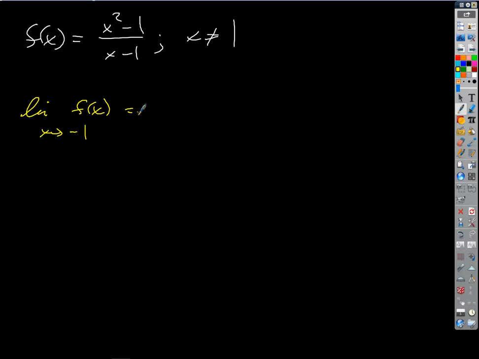And I can do that one by using direct evaluation, because the function does exist at -1. To answer the question, where does the ant think he's going to step, we'll just find out where he actually steps, because that's where he thinks he's going to step. So if I evaluate this directly, I would get 0 on the top and -2 on the bottom, which is 0. End of story. That's where the ant thinks he's going to step.